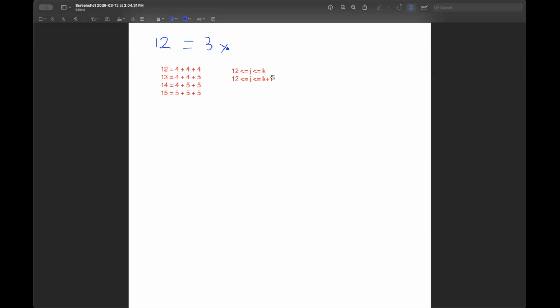If we say that k is equal to 15, we'll just do that here. I'll just extend this a little bit. For k equal to 15, then we know that 12 is less than or equal to j less than or equal to 15.